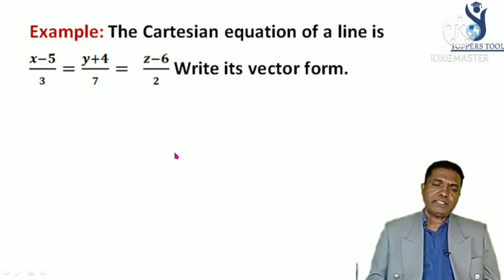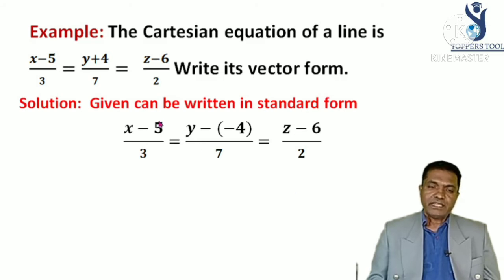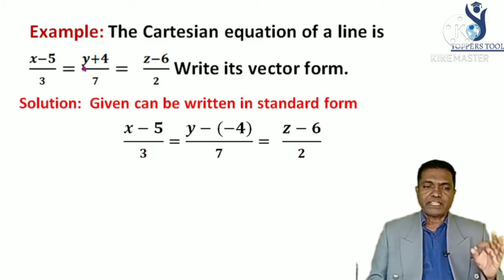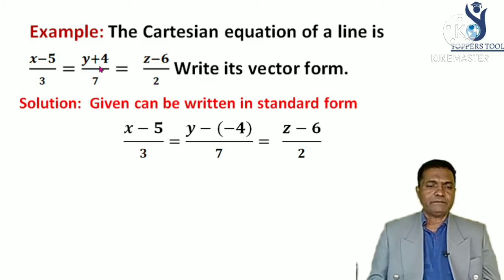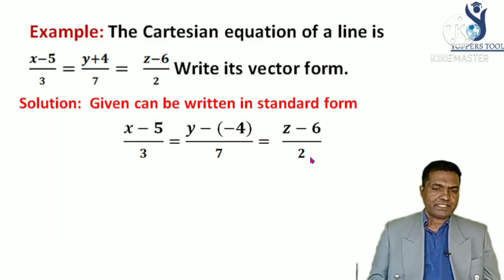So if you write it in the standard form, x minus x1, y minus y1, z minus z1 by a, b, c, this y plus 4 can be written as y minus of minus 4, and the rest as it is. Now it is in the standard form x minus x1 by a, y minus y1 by b, z minus z1 by c.